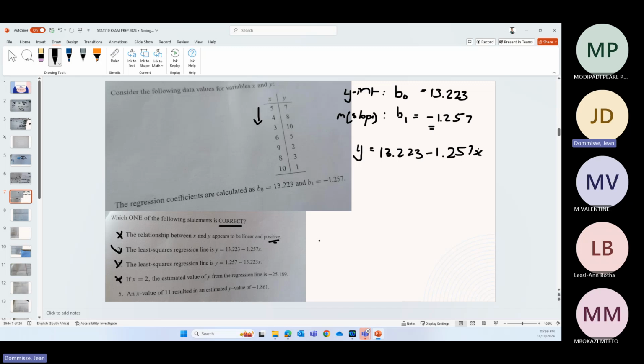So again, if you say 11, let's check that one just for interest's sake, because it looks like it could be correct.